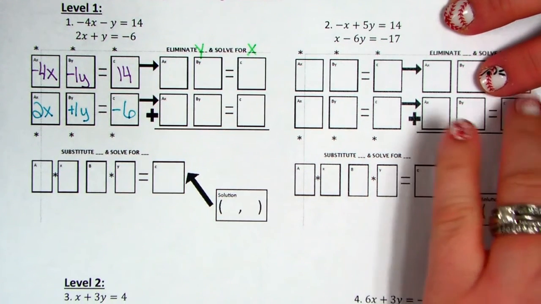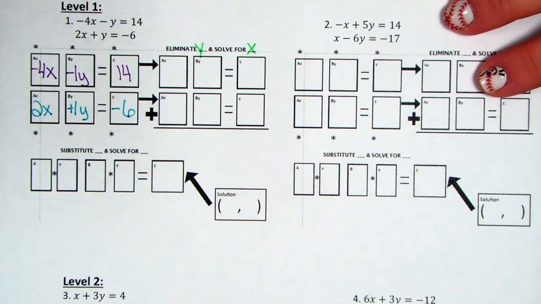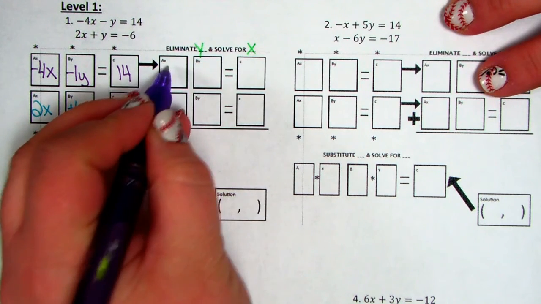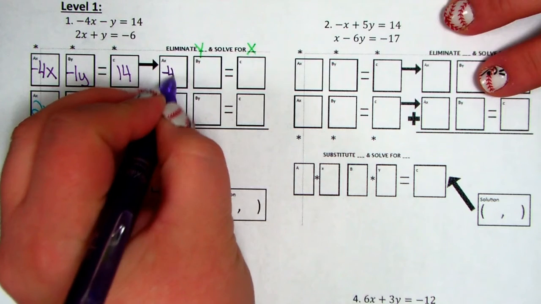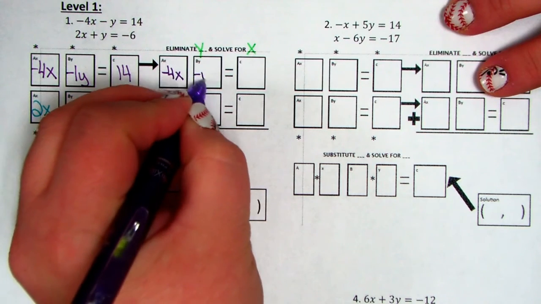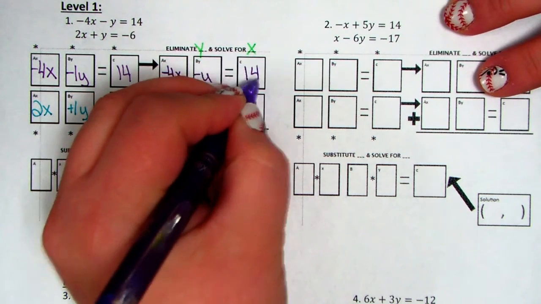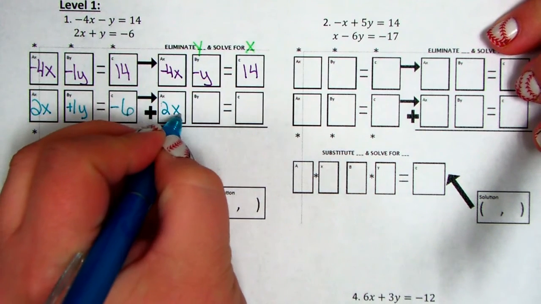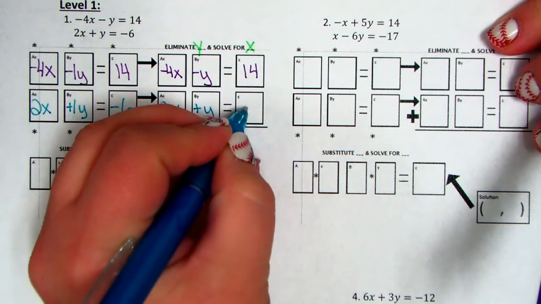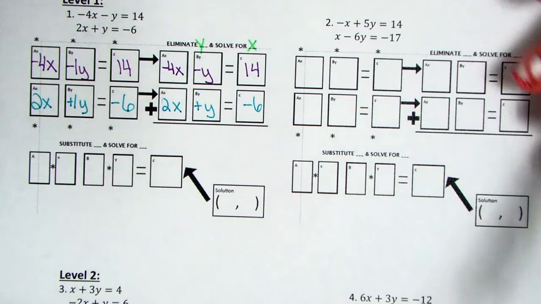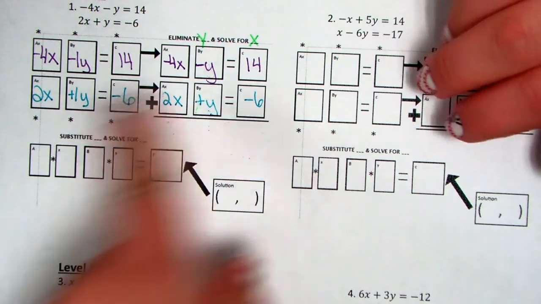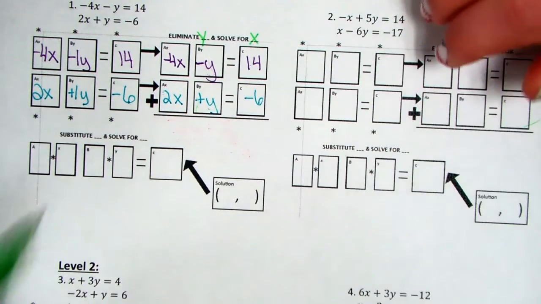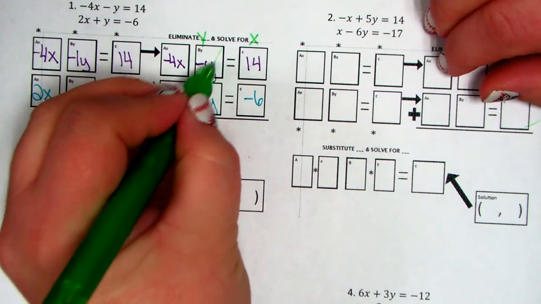We don't need to do any kind of multiplying because they will already line up, and when we add them together, they will disappear. So our goal was to eliminate y and solve for x. So if we did this right, these two should cancel out when we add.